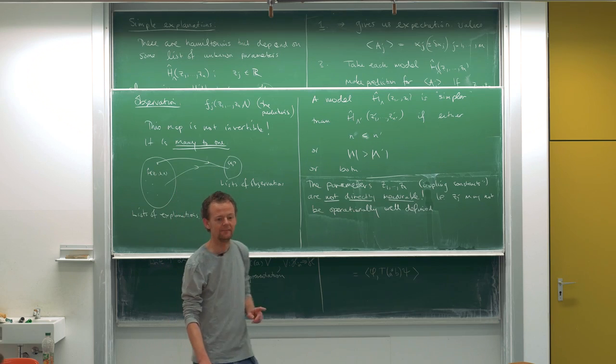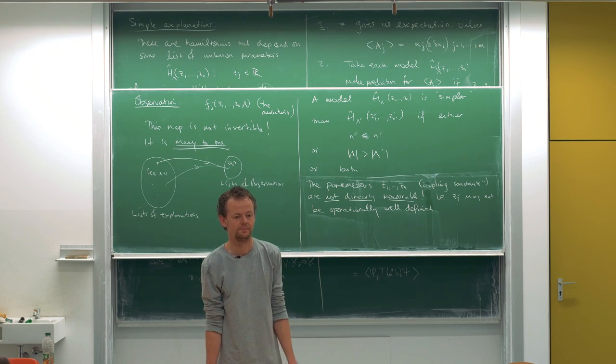Yo, a question? Yeah, you said that the number of parameters could be infinite. Yes. But is there a way to... So if you say we don't have infinite possible ways to measure something.